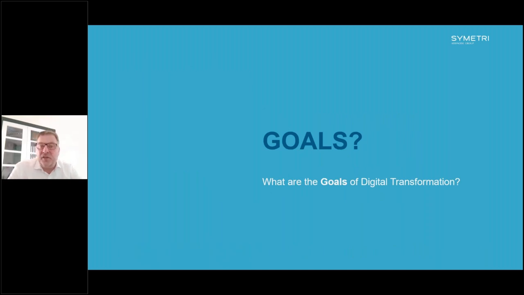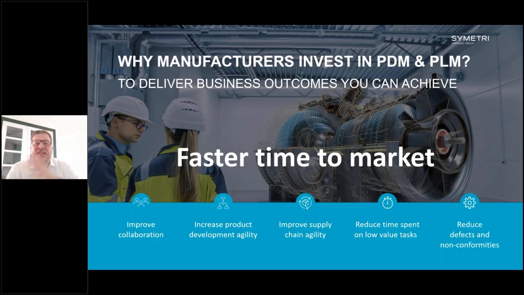So as a result of a digital transformation process, what goals do organizations want that digital transformation to deliver? Well, this is it in a nutshell. Faster time to market. We want to see an improvement in collaboration between teams, making it easier with the platform to exchange data, and have transparency of who's doing what in a project.